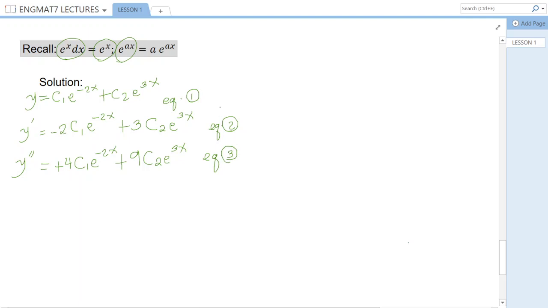To be able to eliminate the constants, we can pair the first equation with the second, the second with the third, or the first with the third, for as long as they have a common equation. Let us first get this.